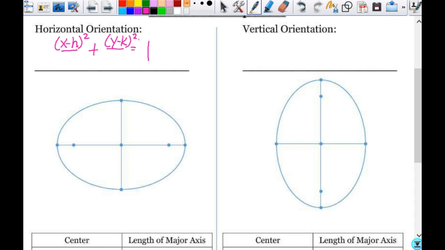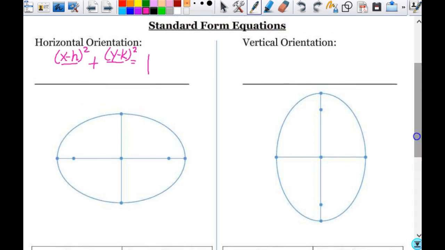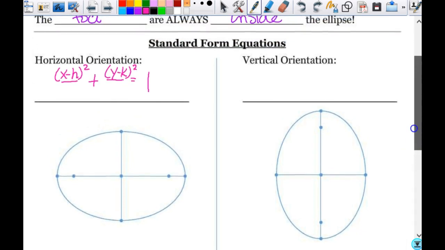If it is a horizontal orientation, a squared goes with what, x or y? A is always the bigger number, so I think that is what you're thinking. A is always bigger than b, remember? Well, let's put that up here, that's important. We'll put that right here: a is always greater than b, which is always greater than 0.